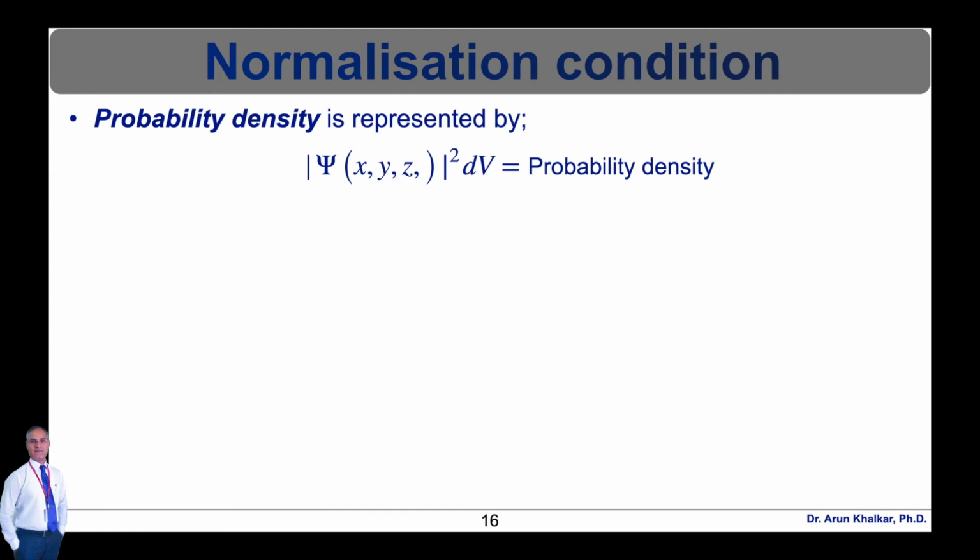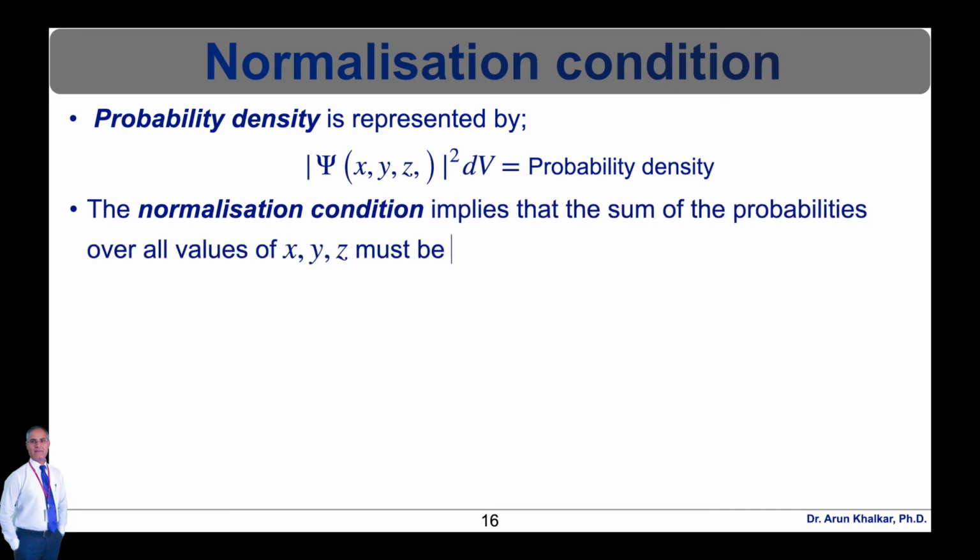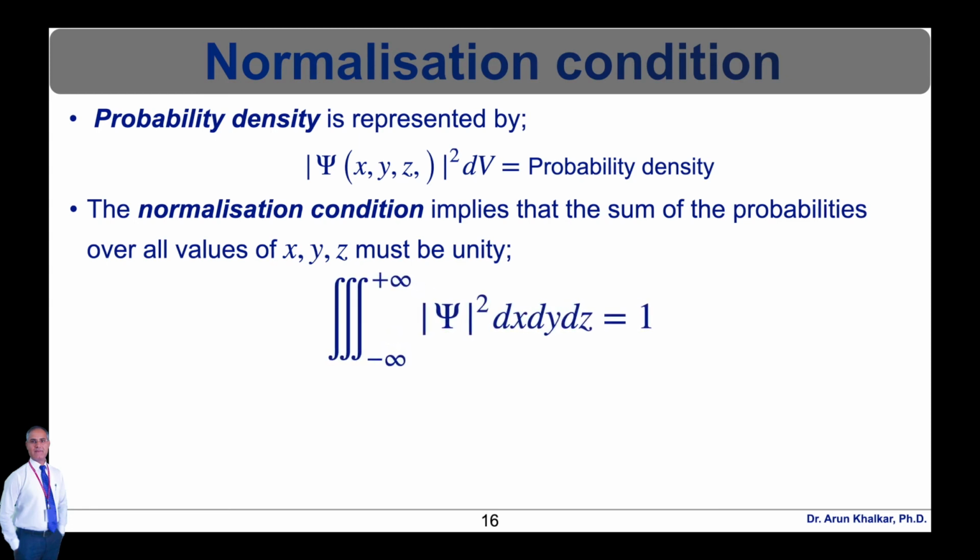As the particle must be found inside the wave packet, the normalization condition implies that the sum of probabilities over all values of x, y and z must be unity, that is, the triple integral with limits minus infinity to plus infinity of psi mod square dx dy dz is equal to 1.